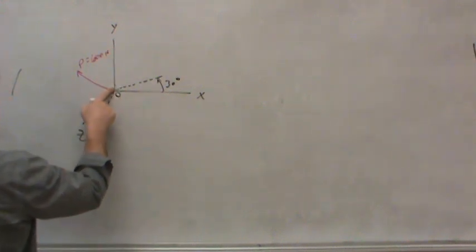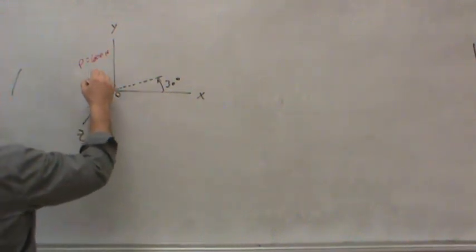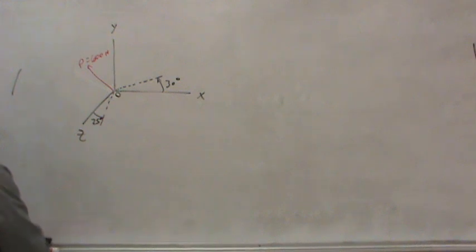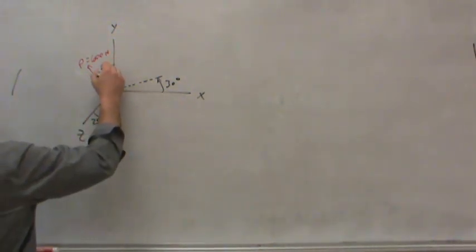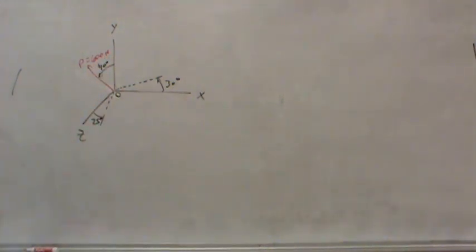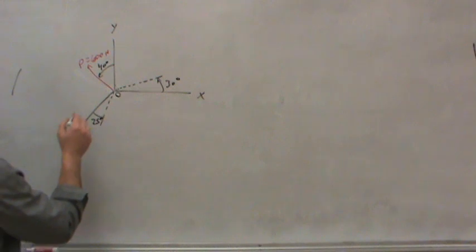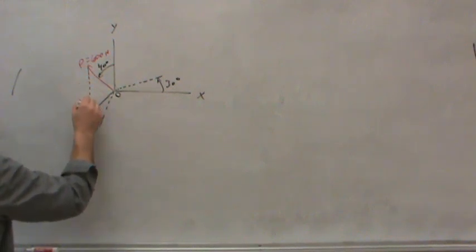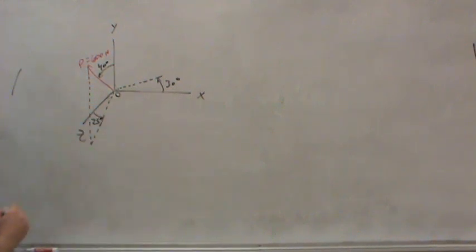I should have drawn that at a little bit steeper angle, I guess, because there is a 40-degree angle off the y-axis. And then, of course, I haven't drawn this real well. Let's project straight down until that 25-degree line.